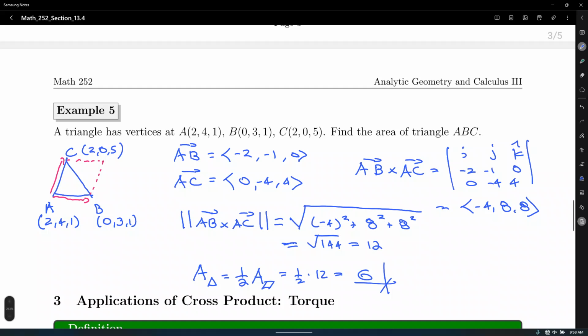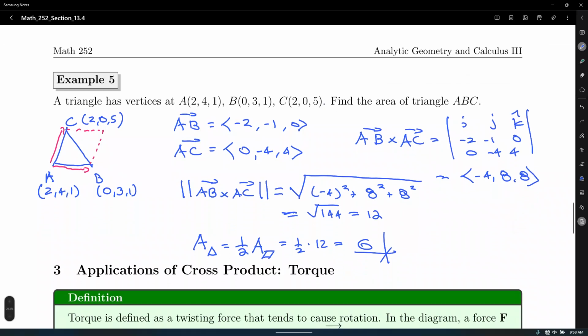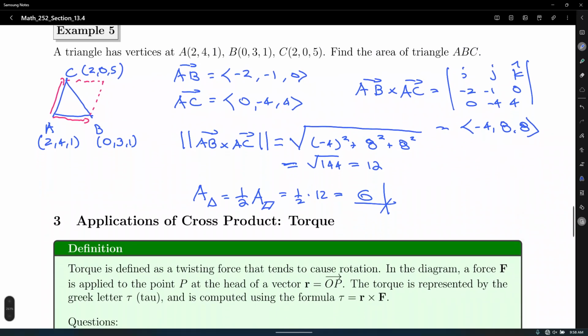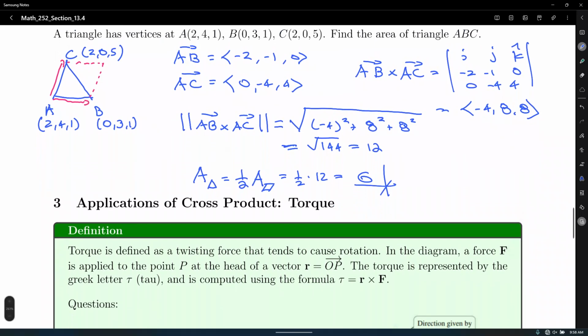Applications of the cross product to physics, to torque. Torque is a twisting force that causes rotation, and you've seen that in many different settings.